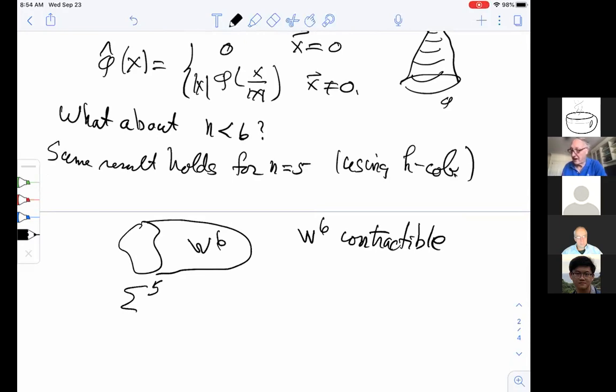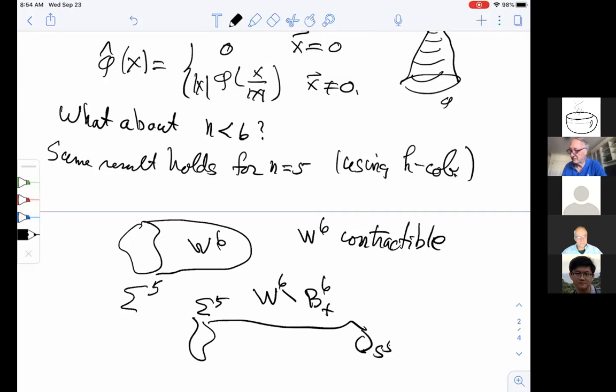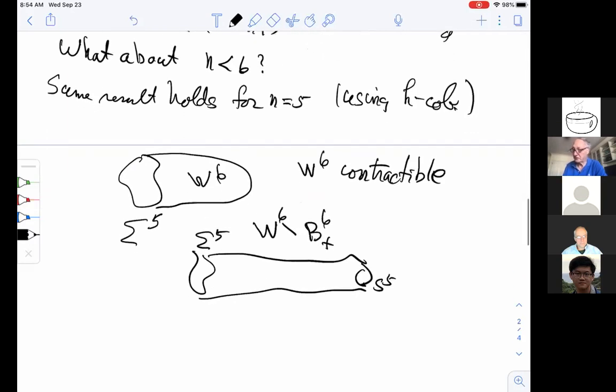You take a ball out of W6. W6 minus a 6-ball is a bordism between Sigma 5 and S5. And it's an H-cobordism because W was contractible. And so applying the H-cobordism theorem, Sigma 5 is diffeomorphic to S5.